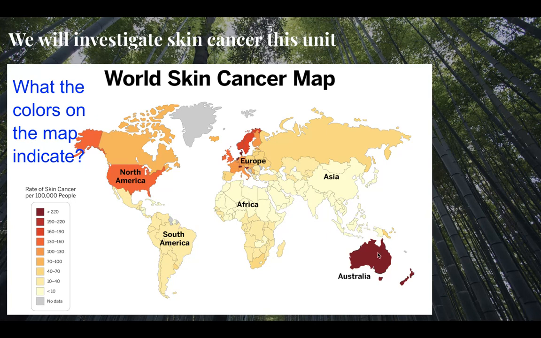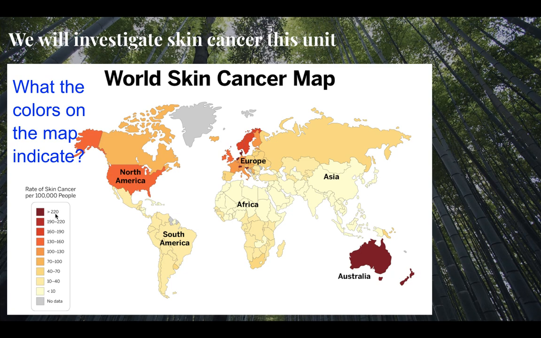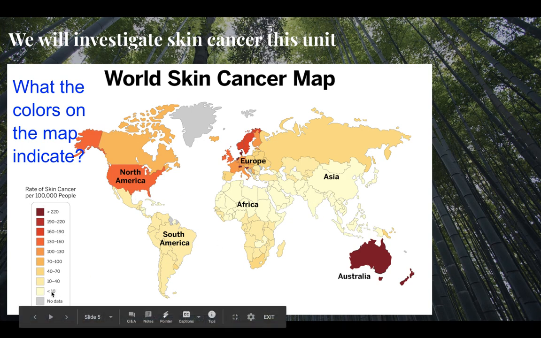So my real dark colors, like over here in Australia and New Zealand, they have greater than 220 people in every 100,000 with skin cancer. Compared to some of these really light yellows, where it's less than 10 people for every 100,000 with skin cancer. So why is this so different?